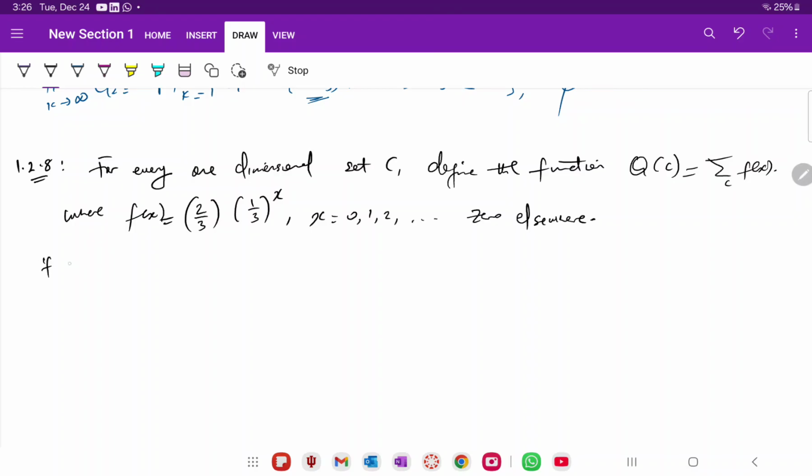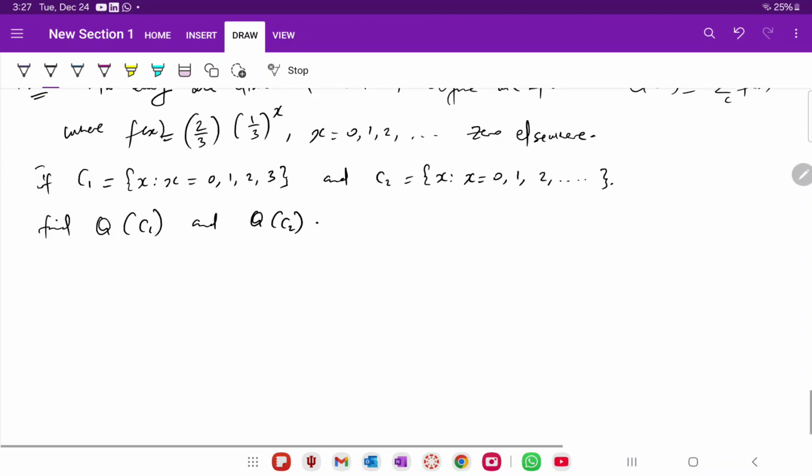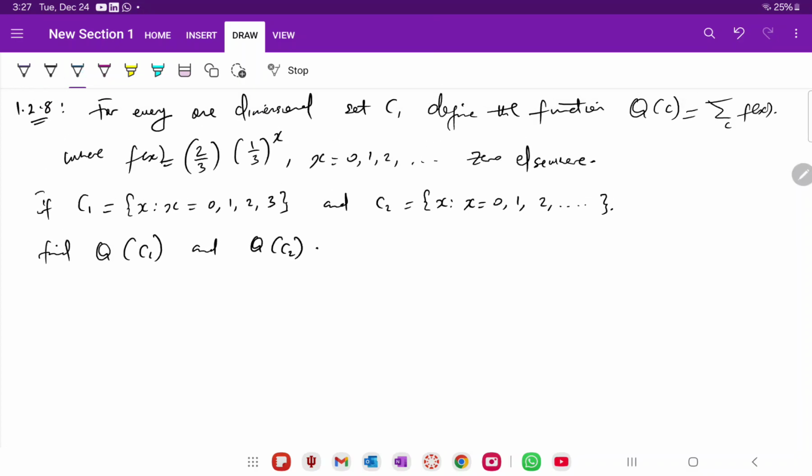Okay, and I have C1 equals x such that x equals 0, 1, 2, 3, and then C2 equals x such that x equals 0, 1, 2, and so on. So we have to find Q of C1 and Q of C2. Okay, so let's see.